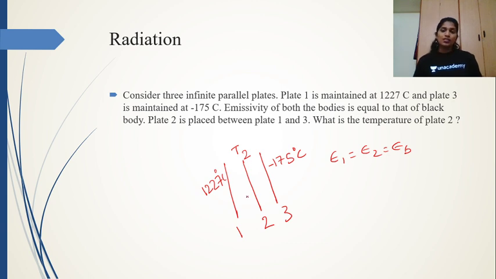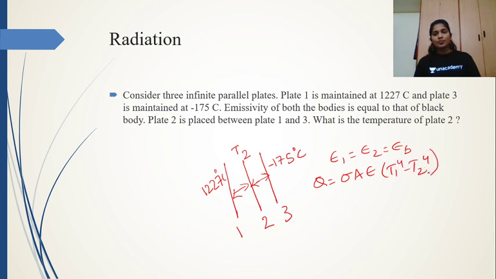So here, what is the temperature of plate 2? As given, there are three infinite parallel plates, and the emissivities of the bodies are equal, right? It means the heat that is getting transferred between plate 1 and plate 2 is equal to the heat that is getting transferred between plate 2 and plate 3. So here we have to use Stefan-Boltzmann's law, which is sigma A emissivity into T1 power 4 minus T2 power 4, right?